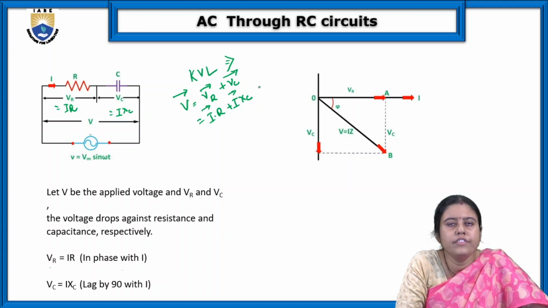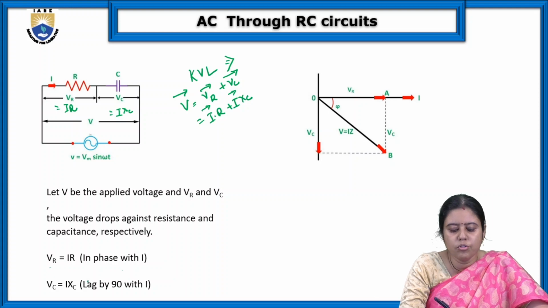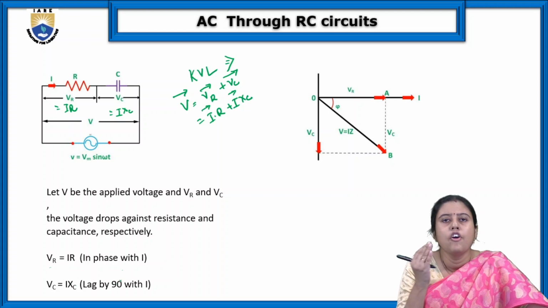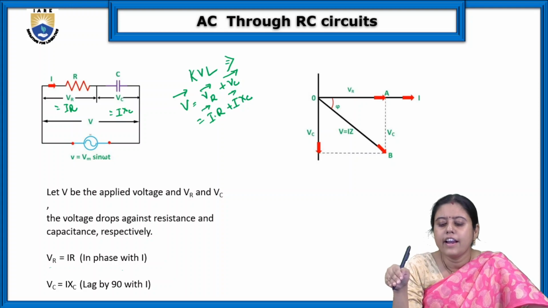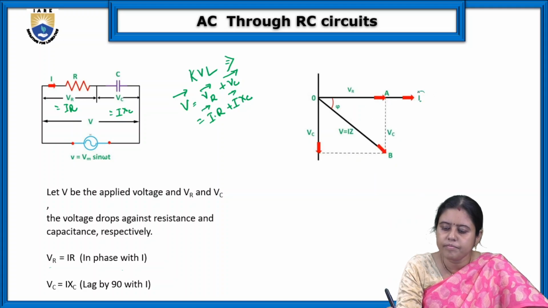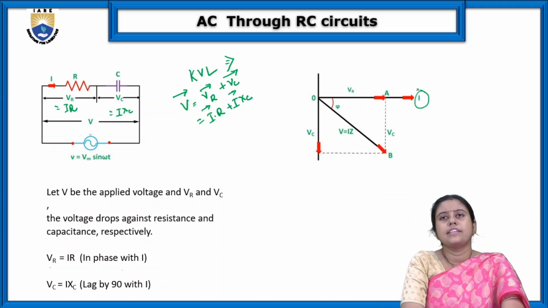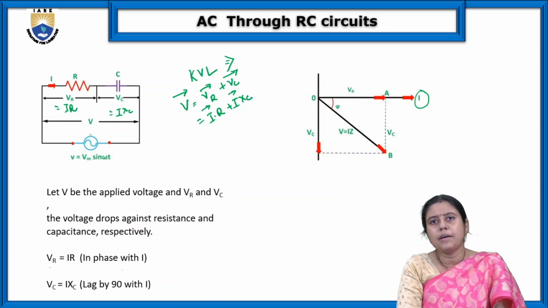Already we have discussed these things. Now again from the CIVIL rule we know I into XC, voltage across the XC lags the current. Now if we again want to draw it, this is the current I. As this is the series circuit, we will take the current as the base. So this is our I current.